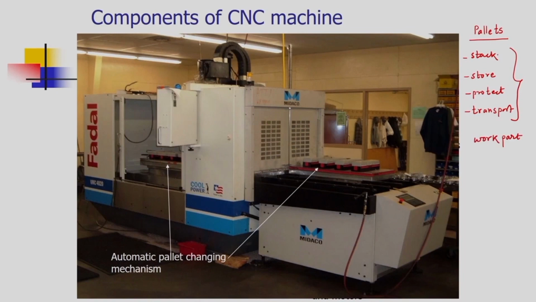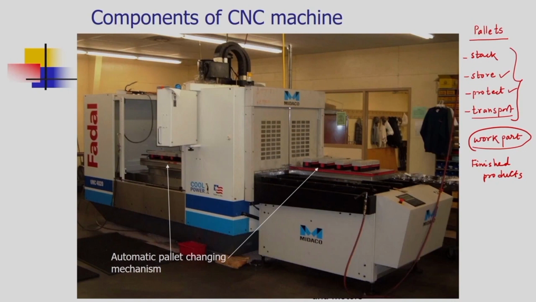We need to stack the work parts or the finished products, then store the work parts, and that stored work parts will be fed to the machine whenever and wherever required, to protect the work parts and to transport, to convey them over the conveyors. A typical arrangement can be seen on your screen.